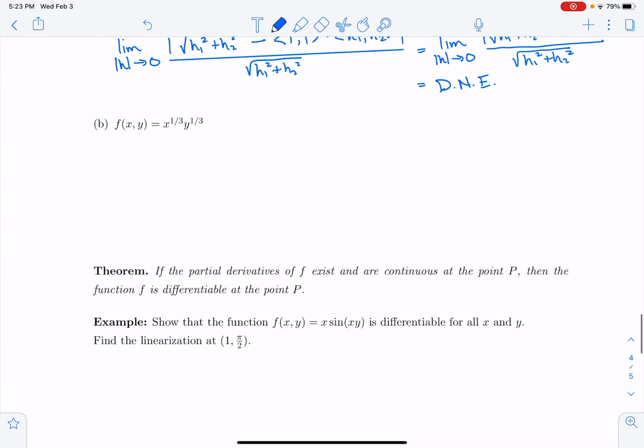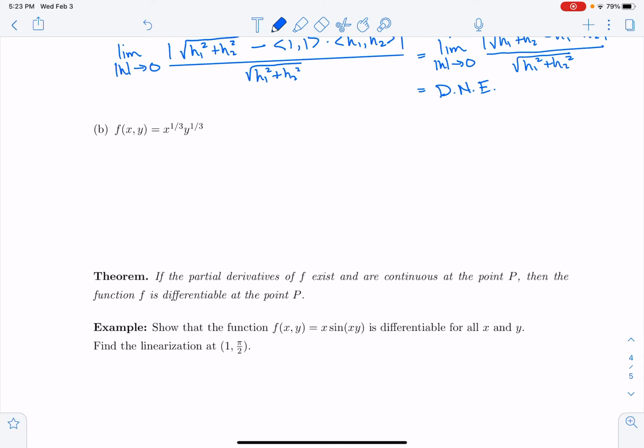Do another example. Here I've got the function x to the 1/3, y to the 1/3. I'm going to do the same thing. So the x derivative at 0, 0 is going to be the limit as h goes to 0 of h to the 1/3 times 0 to the 1/3 minus f of 0, 0, so that's 0, divided by h.